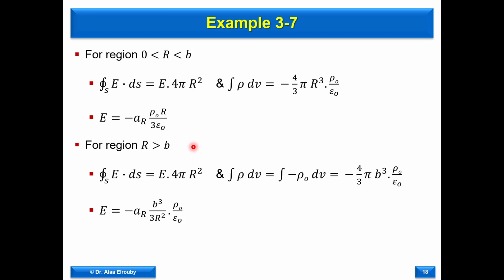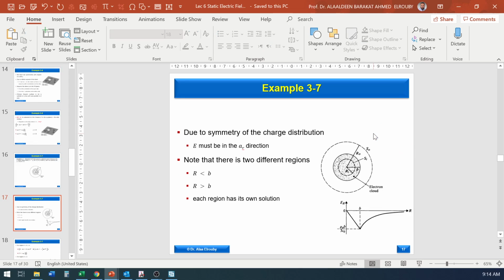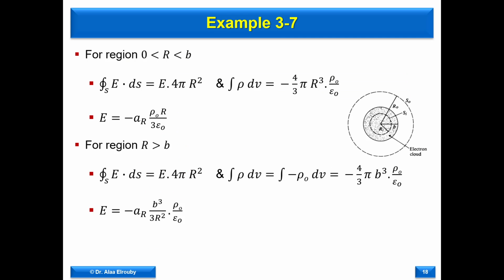For region 2, we're going to choose another sphere, which is this big sphere, of radius equal r greater than b.